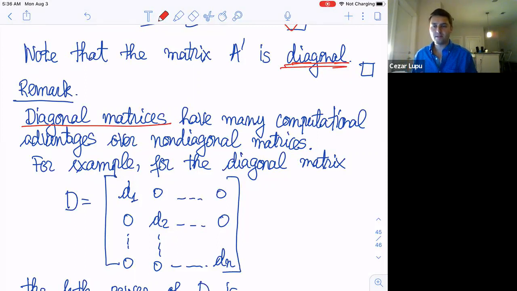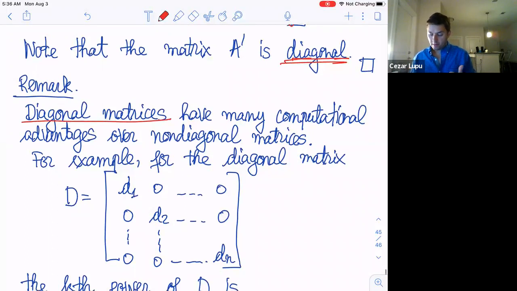You will see that it's very easy to work with them. For example, especially when I want to compute the eigenvalues, it's very easy to write the trace of a diagonal matrix. It's very easy to write the determinant of the diagonal matrix. It's very easy to find the eigenvalues, as we shall see in the second lecture from the next chapter. So they have many computational advantages over non-diagonal matrices.